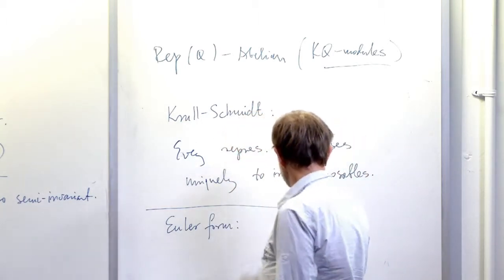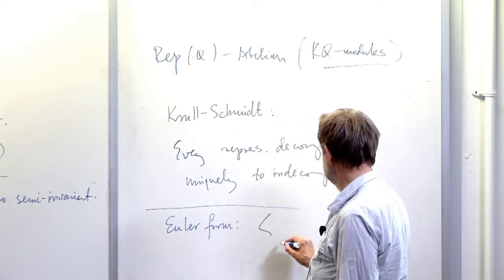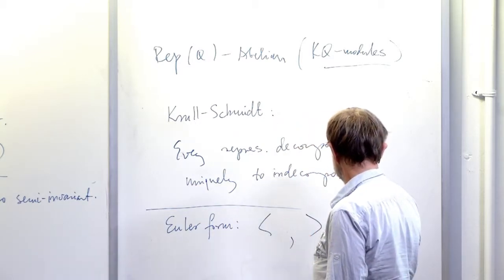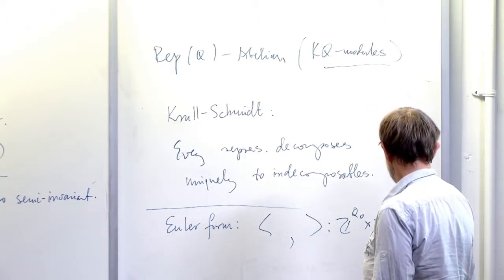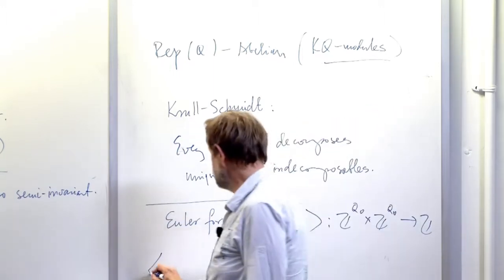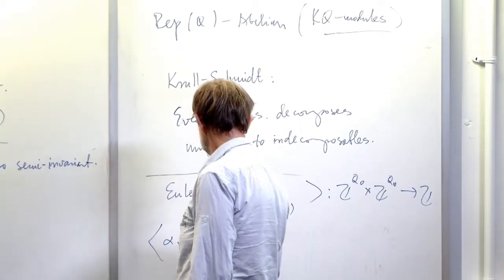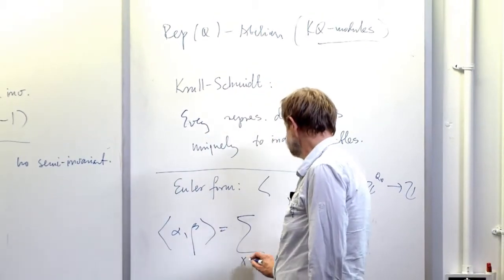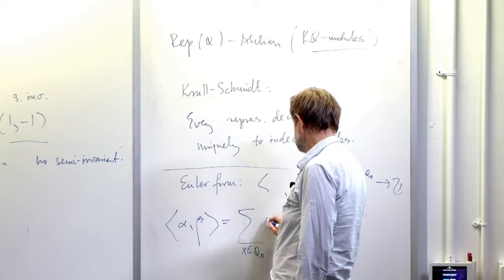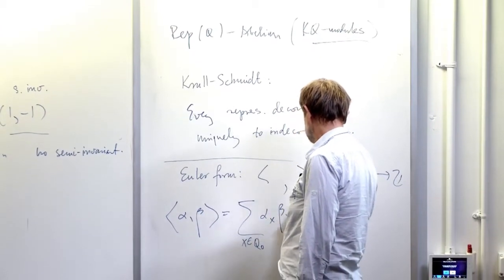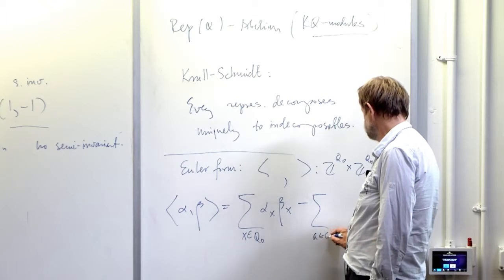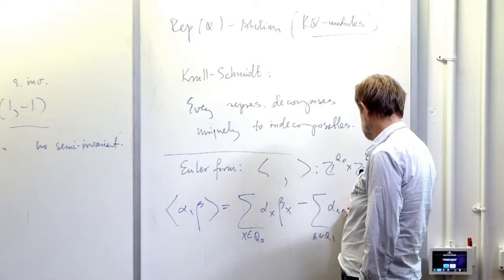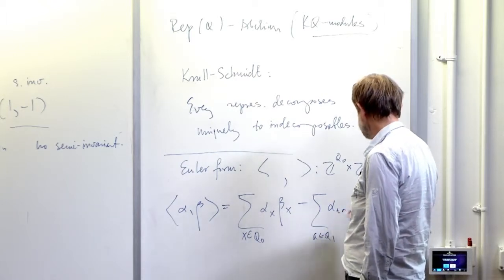It is the form from Z^Q0 times Z^Q0 to Z, and <alpha, beta> is the summation over all vertices of alpha(x) beta(x) minus the summation over all arrows of alpha(t(a)) beta(h(a)).